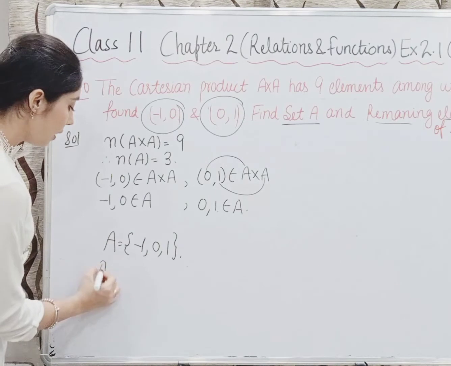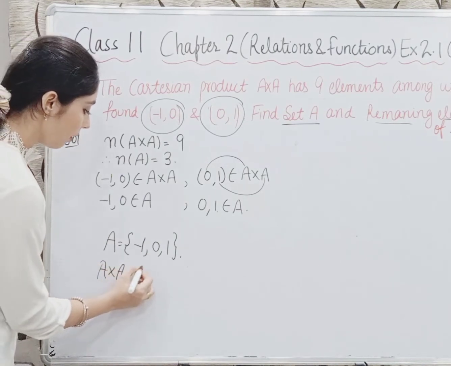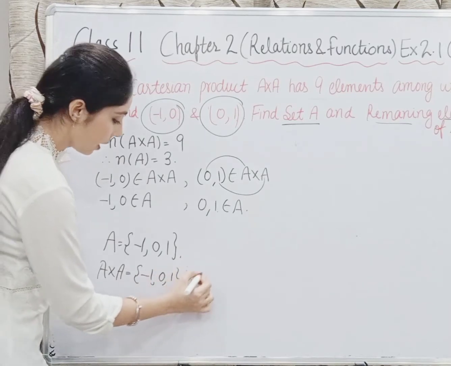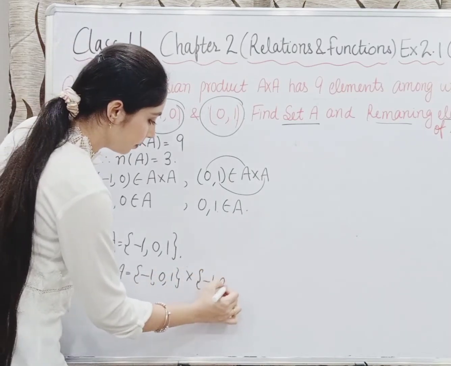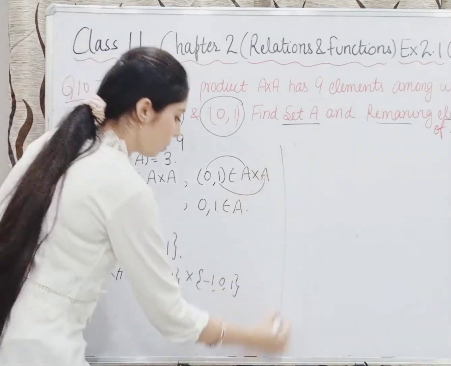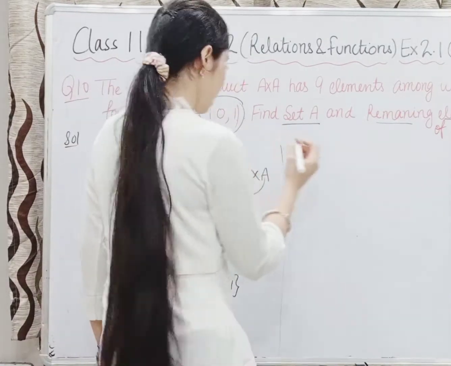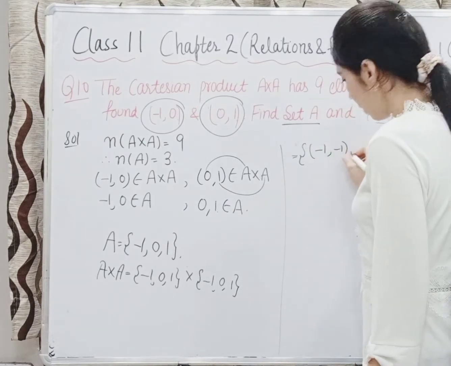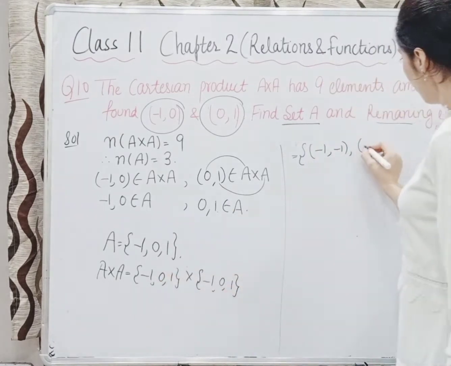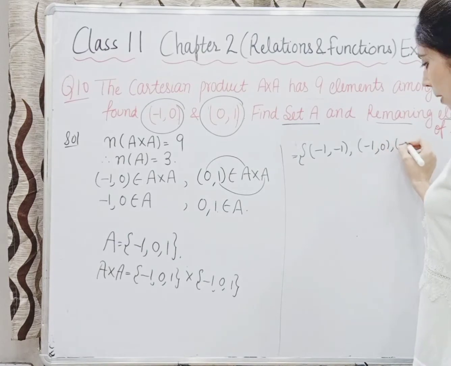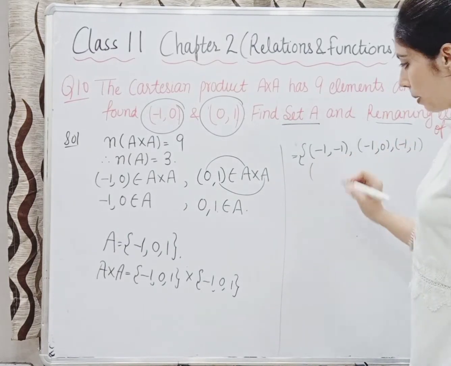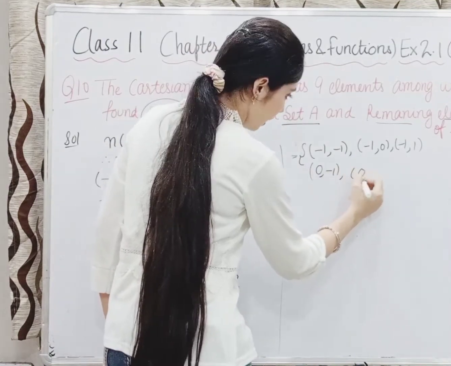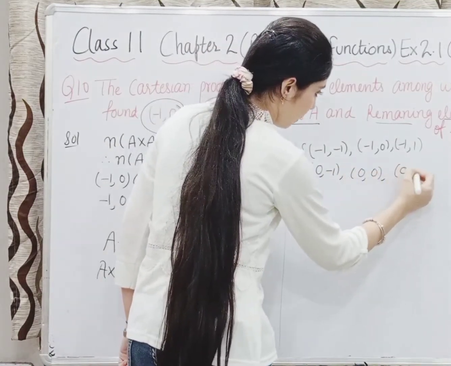So in A cross A, we have -1, 0, 1. We have to find the Cartesian product of this. Okay, so simply in the Cartesian product we will have elements like (-1, -1), (-1, 0), (-1, 1). Next will be (0, -1), (0, 0), (0, 1).